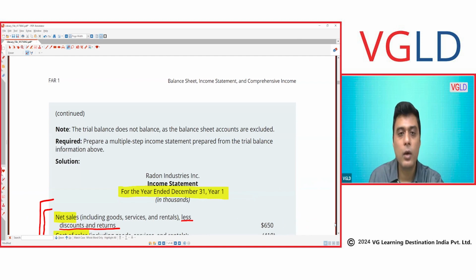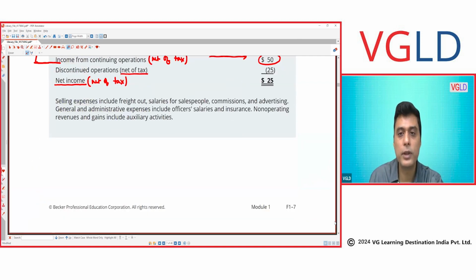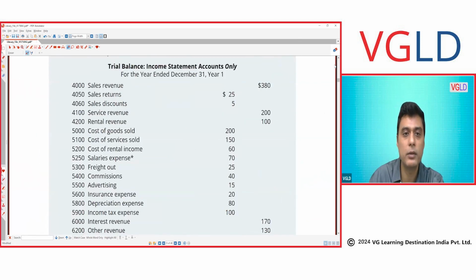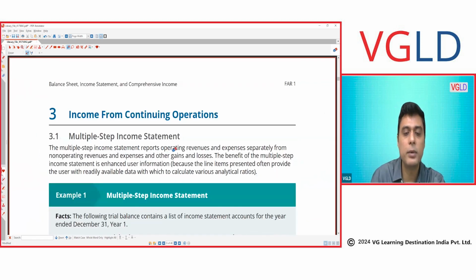All right. Now, let's proceed. So I had skipped the initial theory part here. Multi-step income statement reports operating revenues and expenses separately from the non-operating revenues and expenses and other gains and losses.